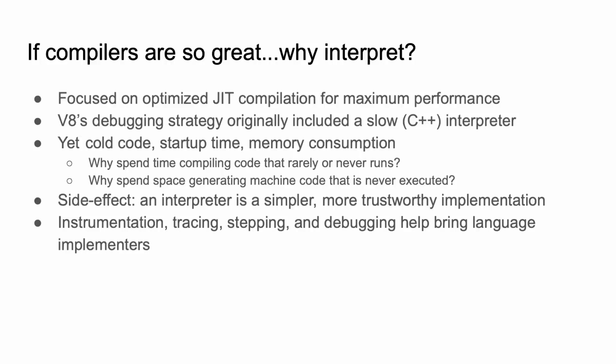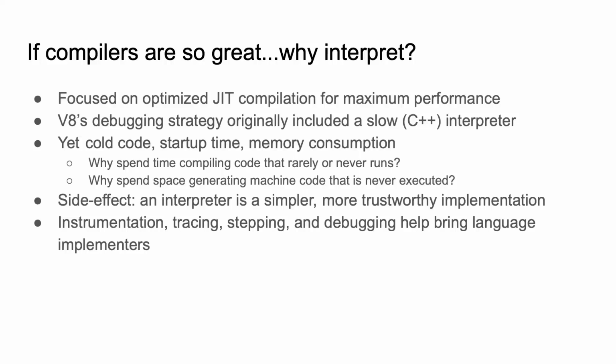But I did write the C++ interpreter. It was very slow. It was like 1,000 times slower than the compiled machine code. Question: 1,000 times slower than the baseline compiler? No, the optimized compiler. How did it relate to the baseline compiler? The baseline compiler, you'll see benchmarks later of where baseline versus optimized comes down, but it's typically 2 to 3 times slower than optimized code.